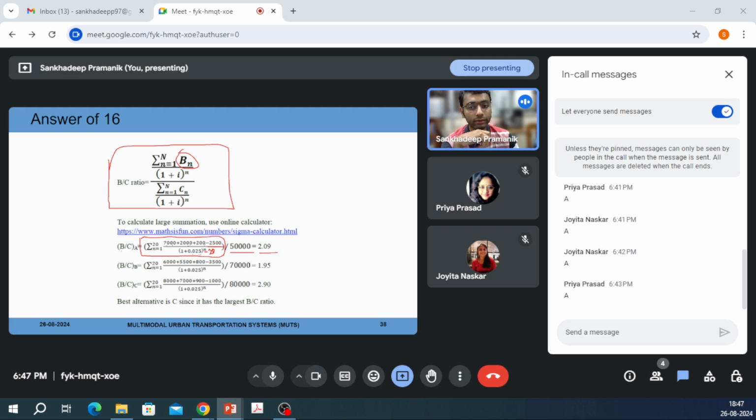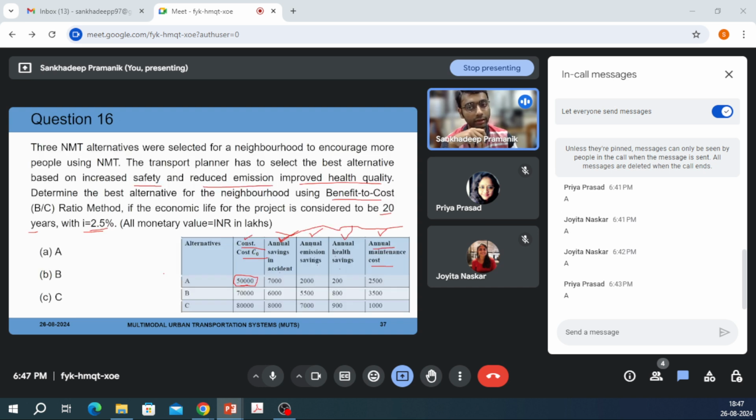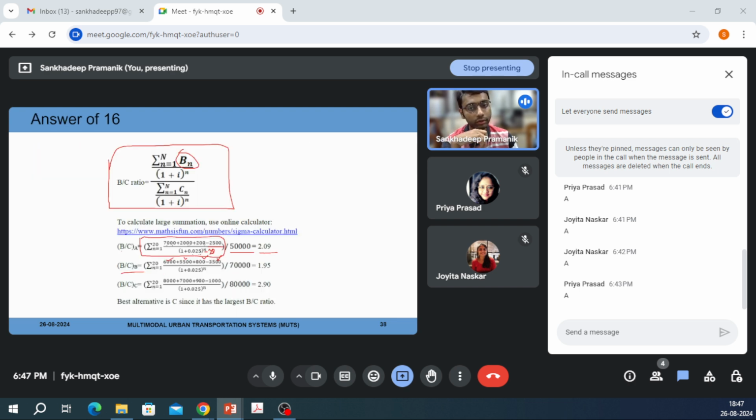it will come as 2.09. For B, similarly, the benefits are added, and the recurrent cost, which is the maintenance cost, will be subtracted. And this interest rate has been considered because over 20 years the value of money will not be the same, so it is converted to the base year.